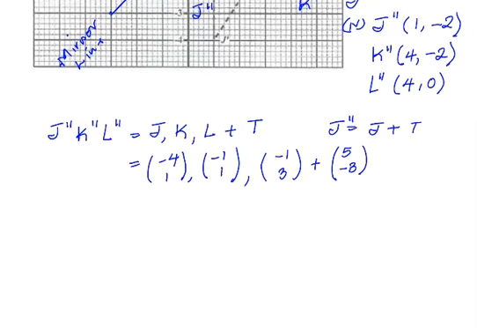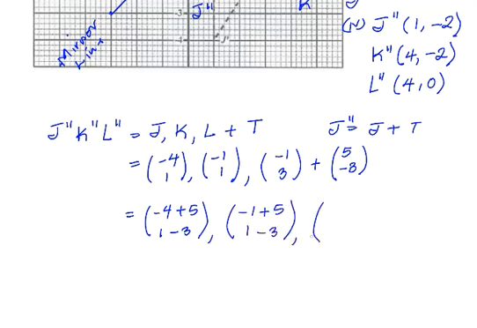All right, so if we finish this, we would have what? -4 plus 5 and 1 minus 3. We would have -1 plus 5 and 1 minus 3.